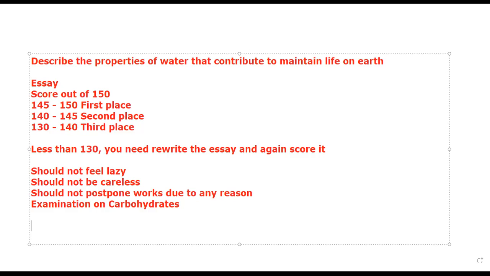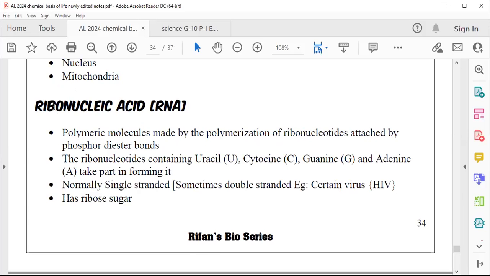Okay. So with those ideas, we are coming to the heading called, what is it? Ribonucleic acids, RNA. RNA molecules are polymeric molecules made by the polymerization of ribonucleotides attached by phosphodiester bonds.